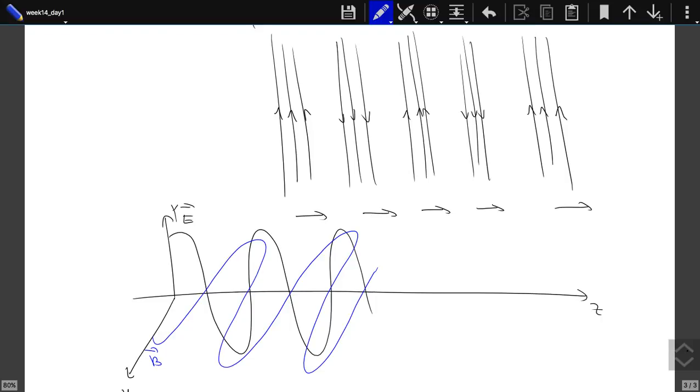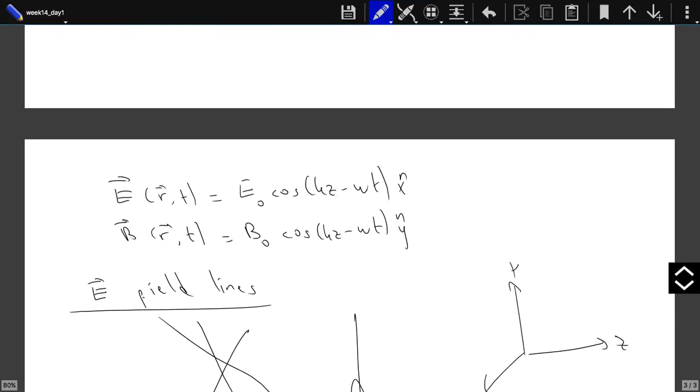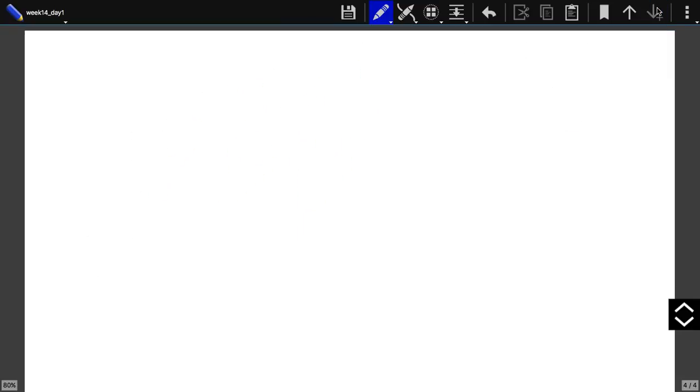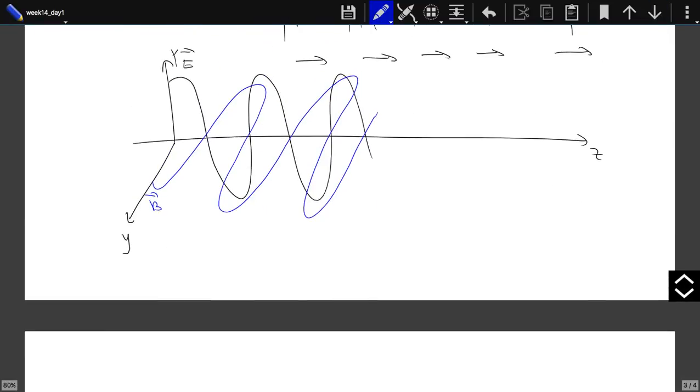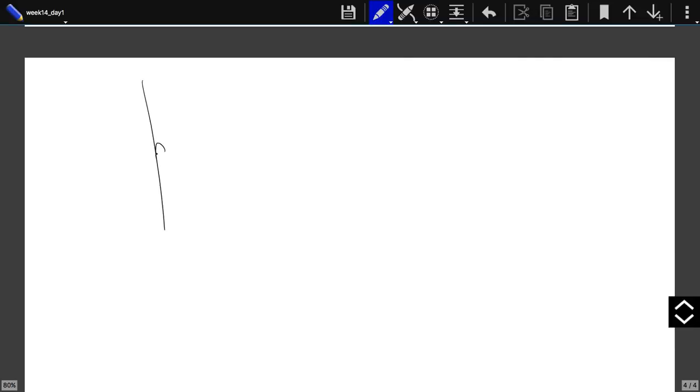Okay, let's continue. Now, first of all, if these are our solutions, they should satisfy the four Maxwell's equations. Just keep this shape in mind. Or let's see, these are the electric field lines.